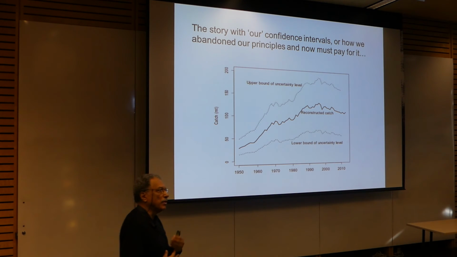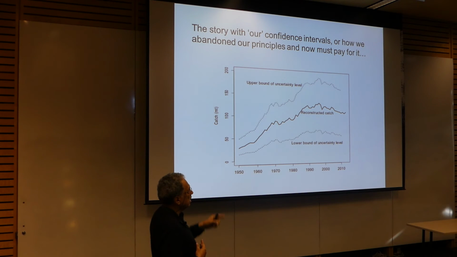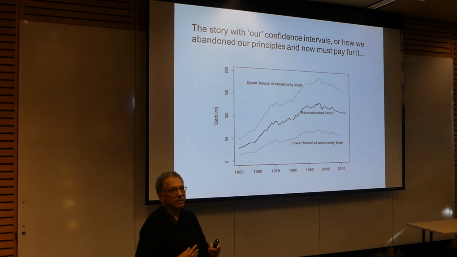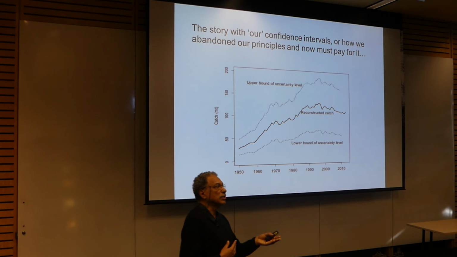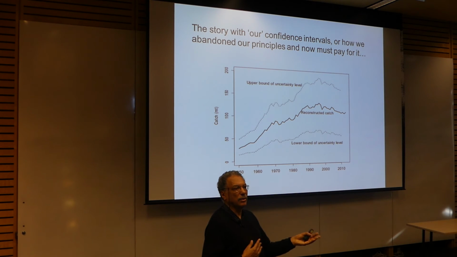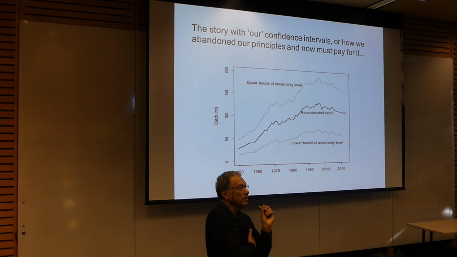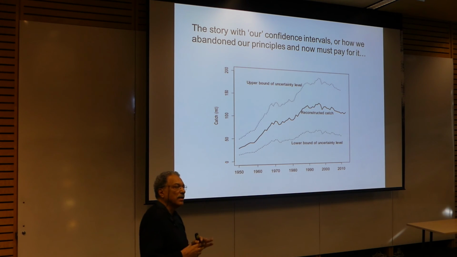And now we pay the price for it, because the people who say this work is no good use this enormous distribution, which includes the FAO catches, to say the work we have done is totally uncertain. You get the point? We were forced to do that by one reviewer, with whom the editor agreed. And we agreed with that.